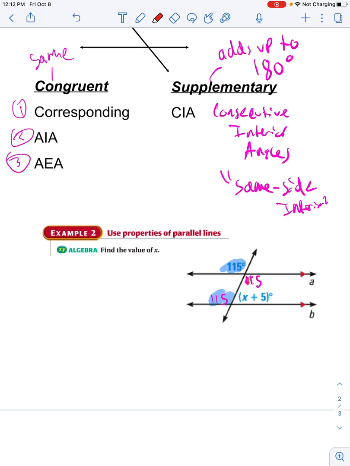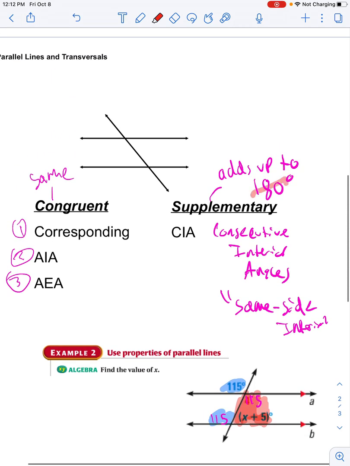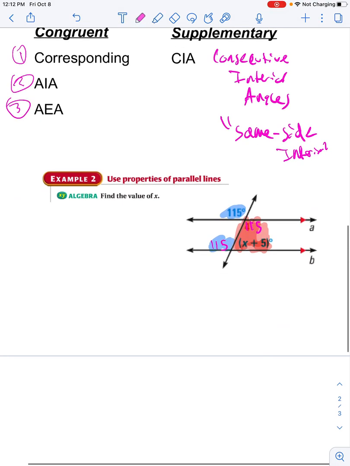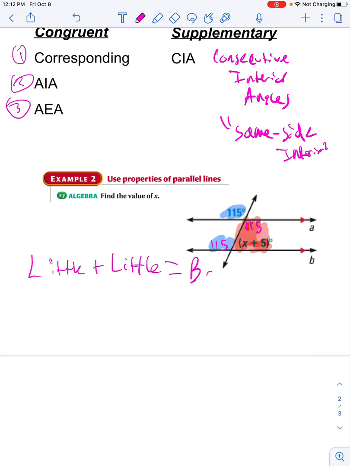And now I've got same side interior, aka consecutive interior, adds up to 180 degrees. So I can take little angle plus little angle equals my big angle, knowing that it's supplementary means 180.